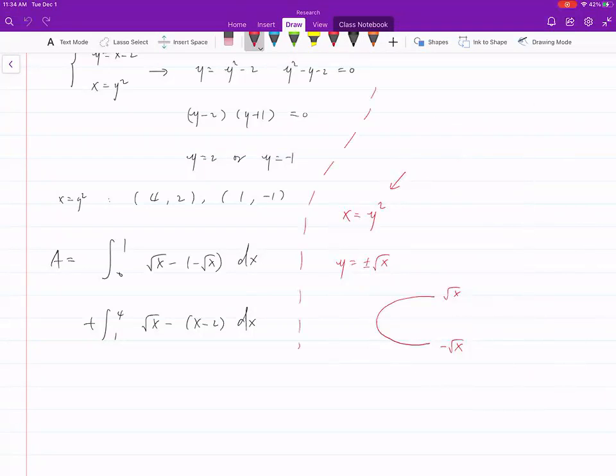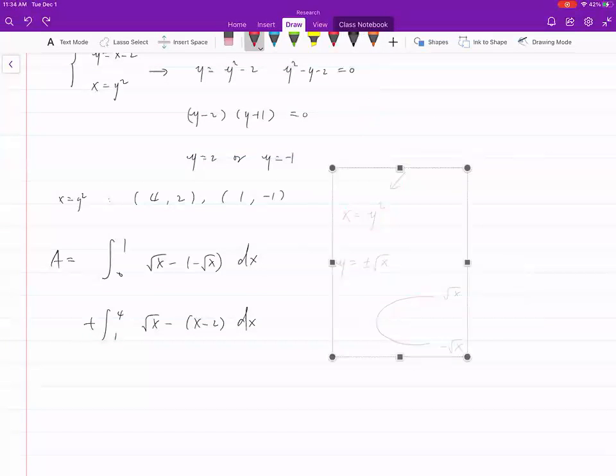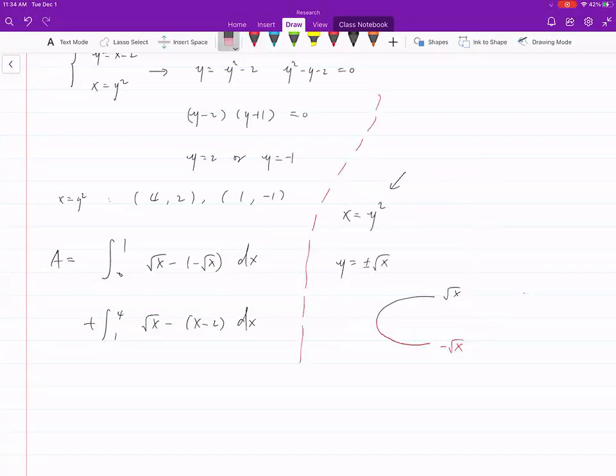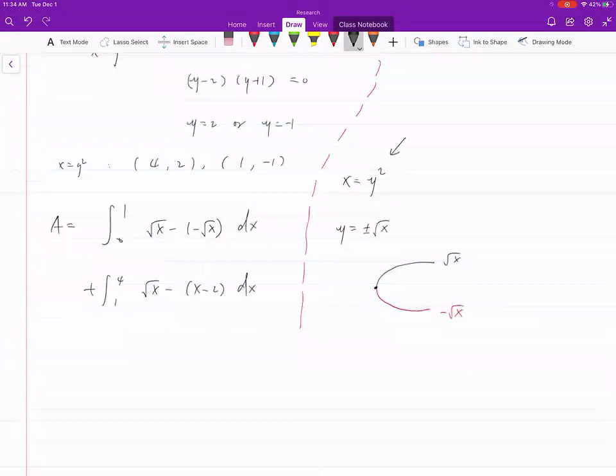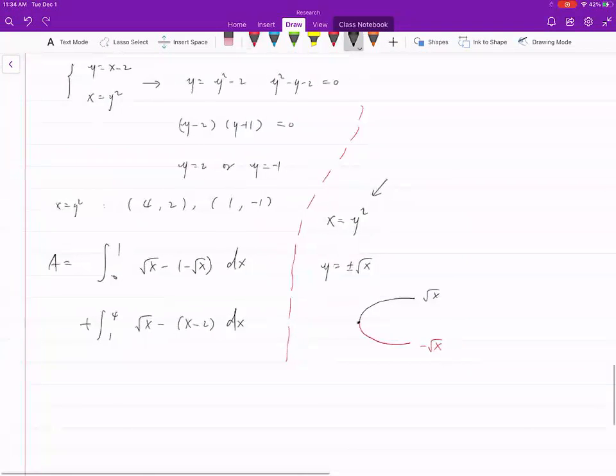Change the color. So far, so good. Now change the color. That's where they intersect. Does everything make sense here?